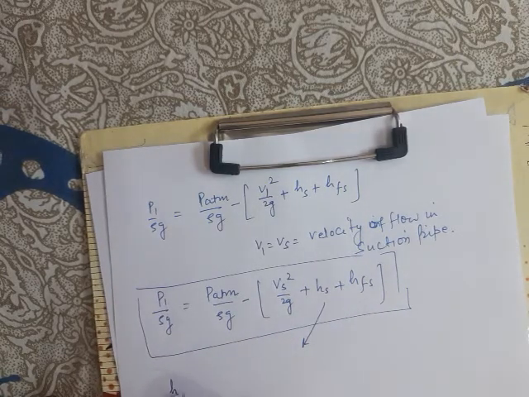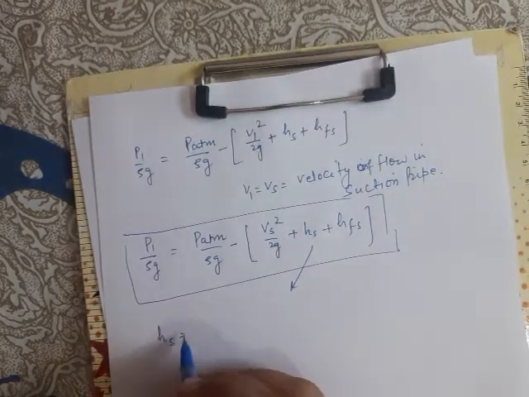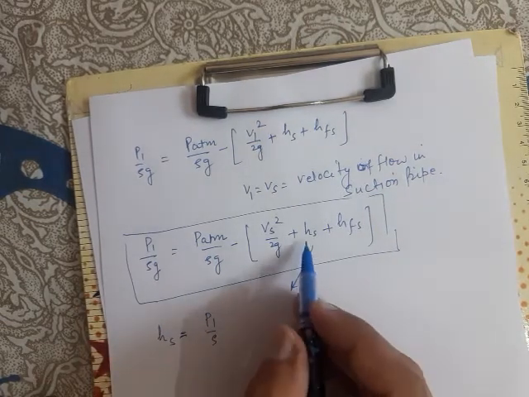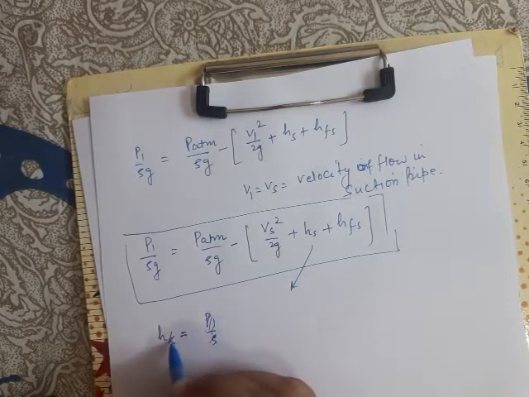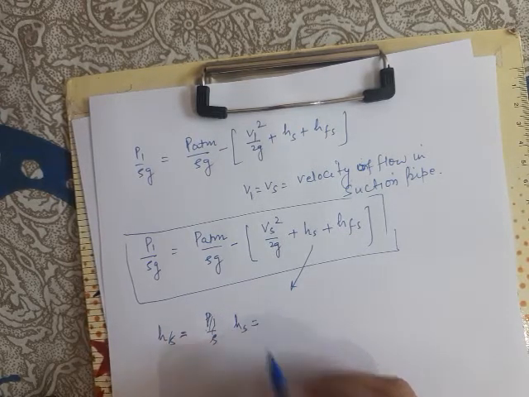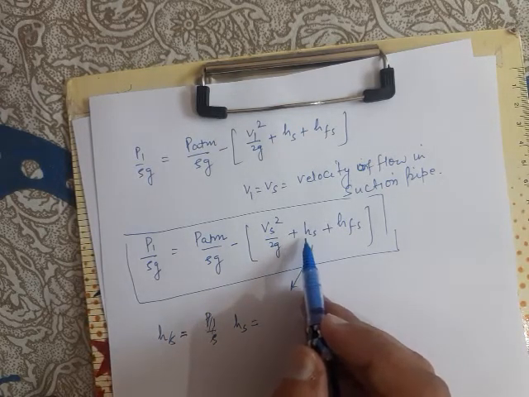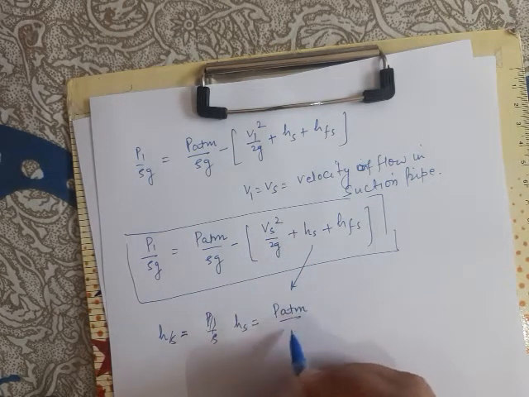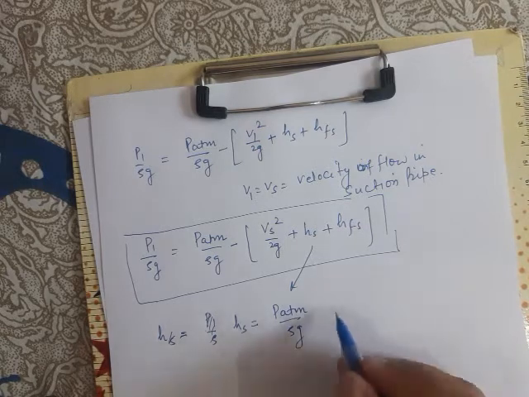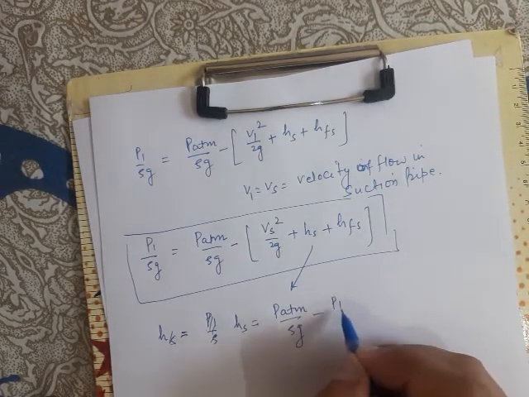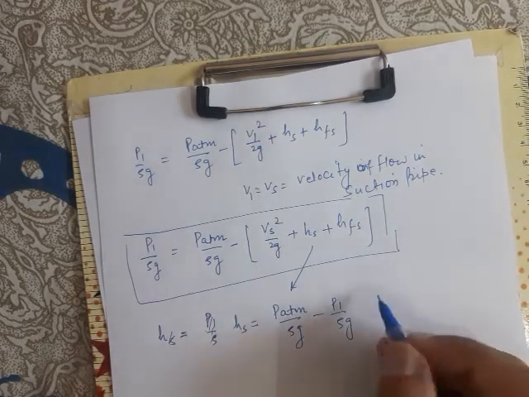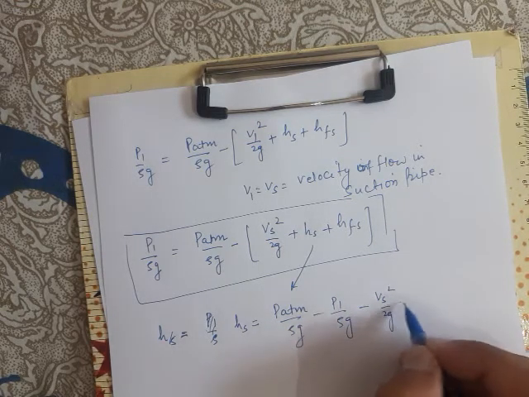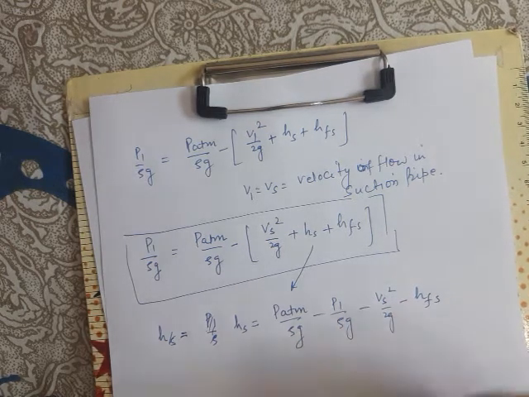Please note, from this equation HS can be written as PATM by rho g minus P1 by rho g minus Vs square by 2g minus HFS.